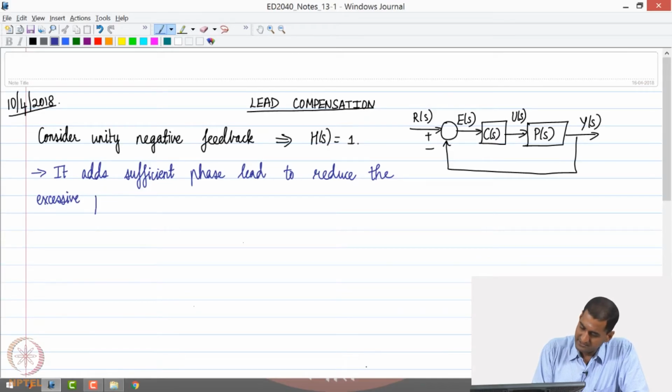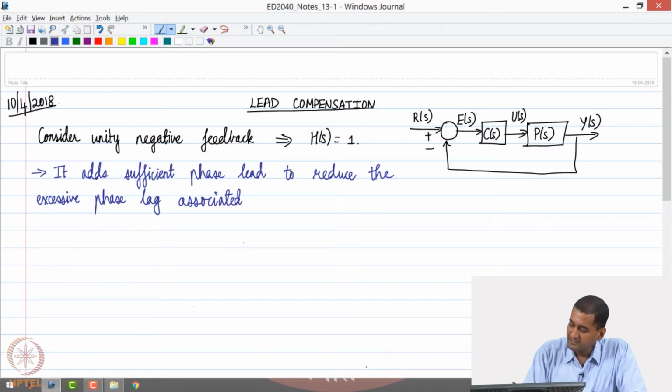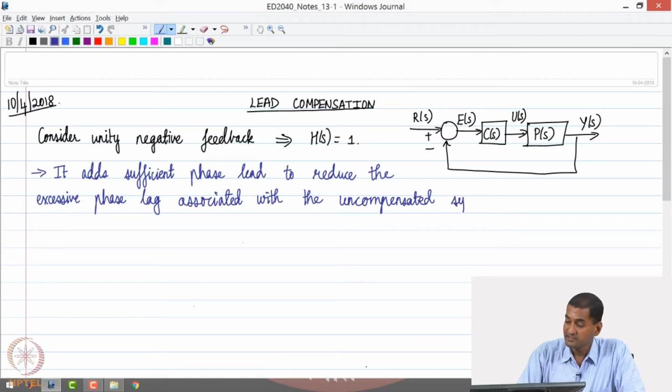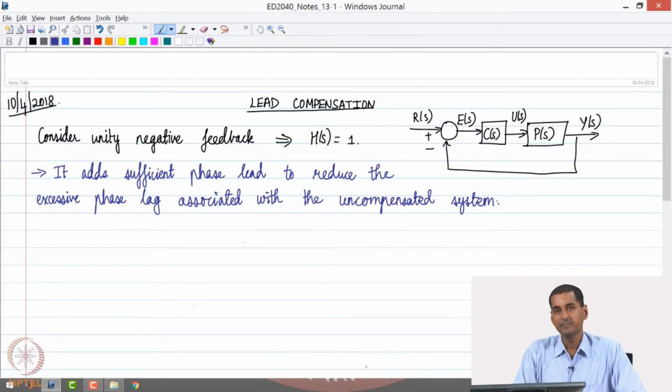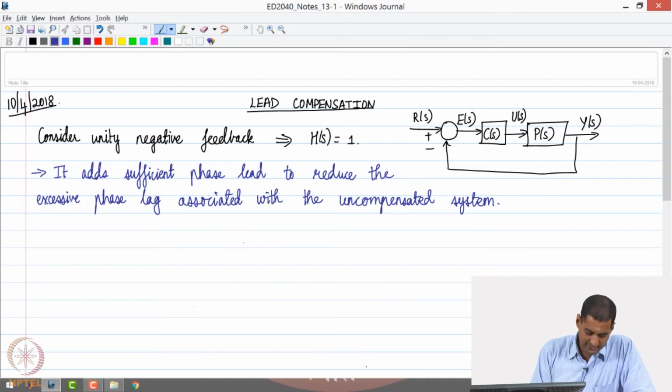Typically we can have a plant which does not have a significantly high phase margin, for example. Then the lead compensator adds phase to the plant and ensures that the phase margin is driven to an acceptable level. By and large it usually improves the transient response.